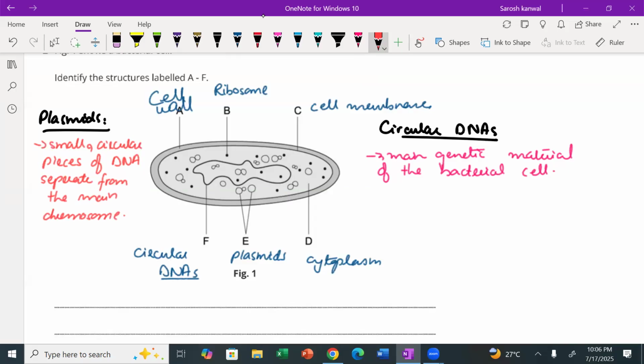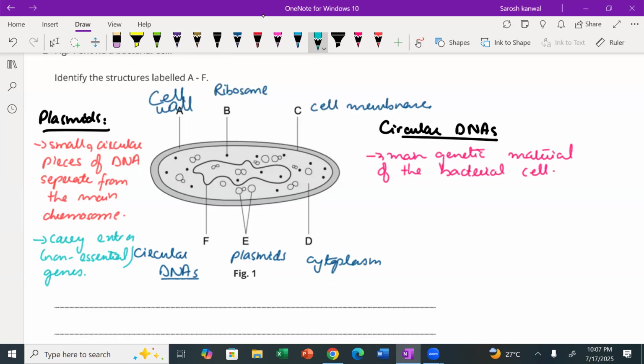A bacterial cell can have one, many, or none of the plasmids. Also, the plasmids carry extra or non-essential genes, right? Those genes could be antibiotic resistance genes, genes for toxin production, and genes for conjugation as well.